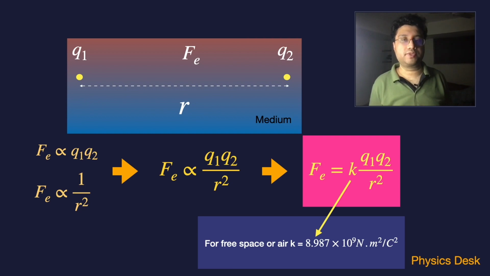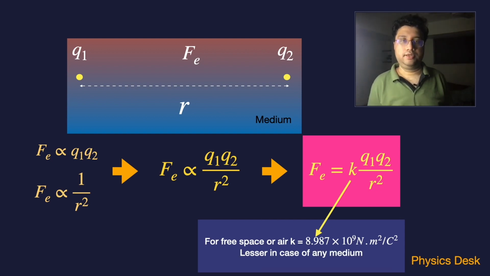It can be approximated as K = 9 × 10^9 Newton meter square per Coulomb square. In general, when the charges are placed in a medium other than vacuum, Coulomb's constant K as well as the electrostatic force reduces. This is because every medium offers a certain amount of resistance to the electric lines of force.